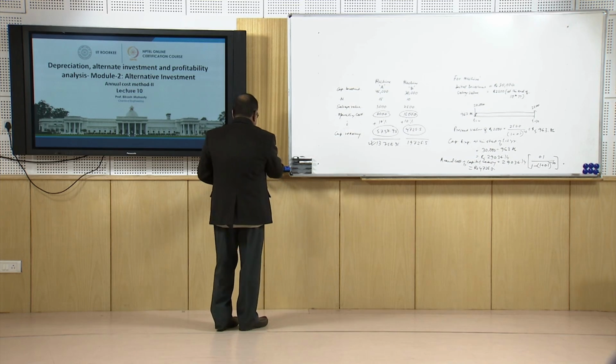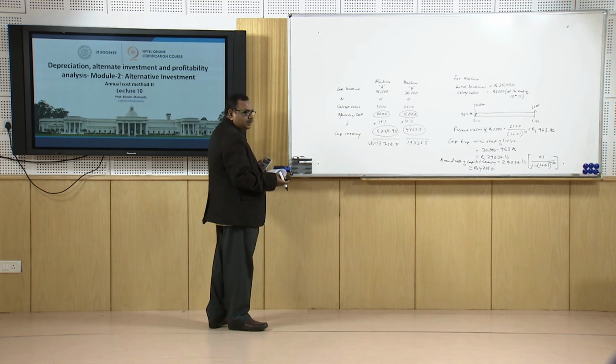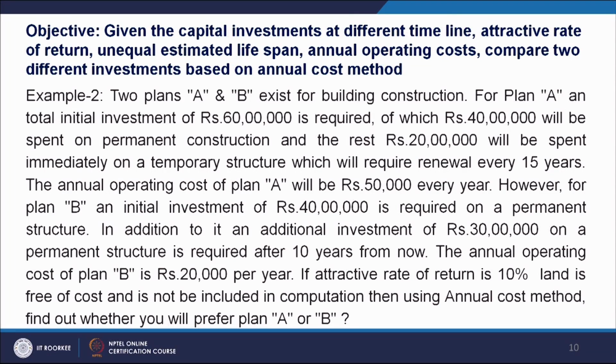Now, let us take another example. The objective of example 2 is that, given the capital investment at different timelines, attractive rate of return, unequal estimated lifespan, and annual operating cost, compare two different investments based on the annual cost method.